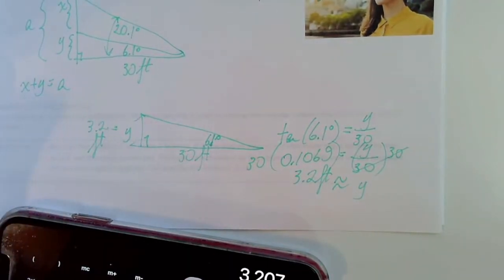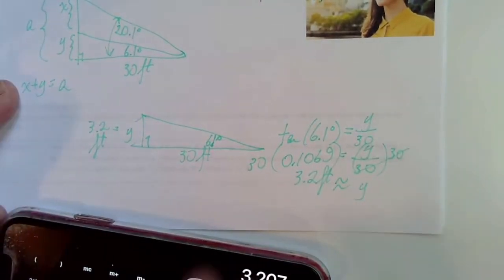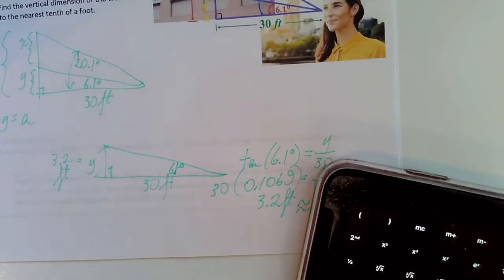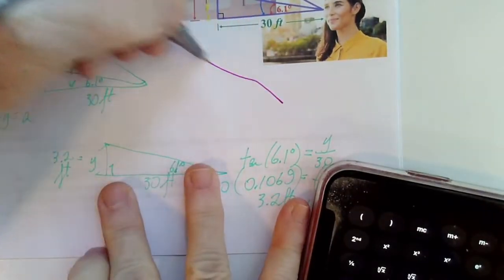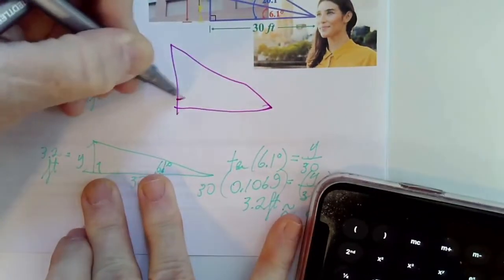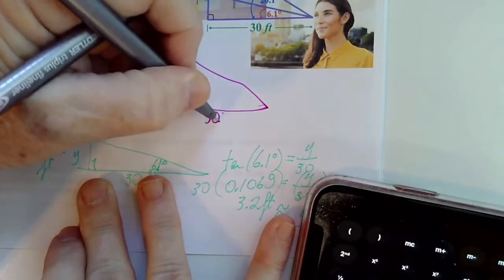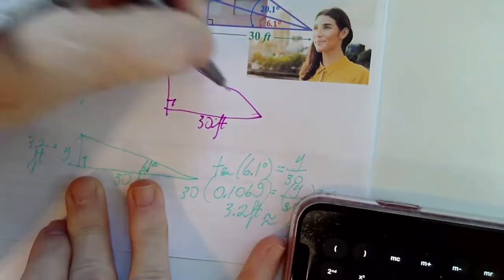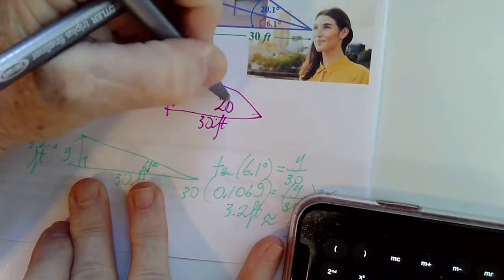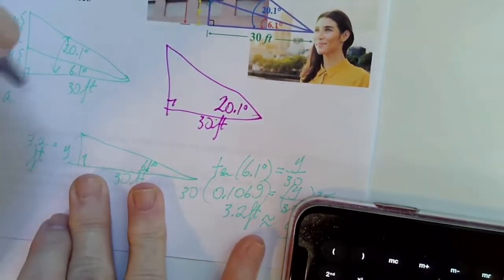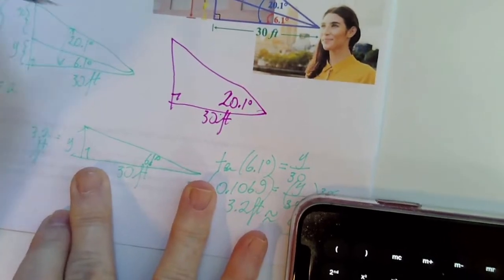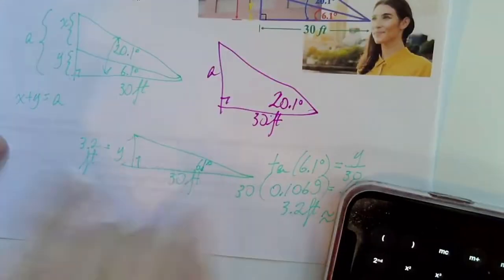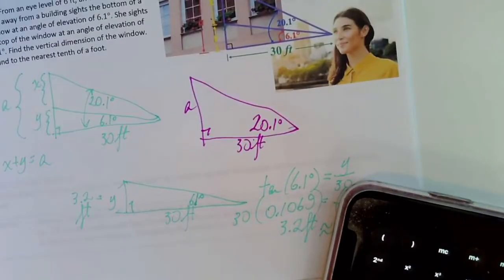Great. Now let's look at the bigger triangle. We still have 30 feet as the base. Now our angle is 20.1 degrees, and the opposite side, I'm going to use the letter A, the whole distance.